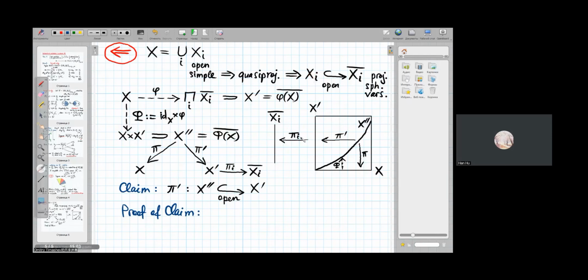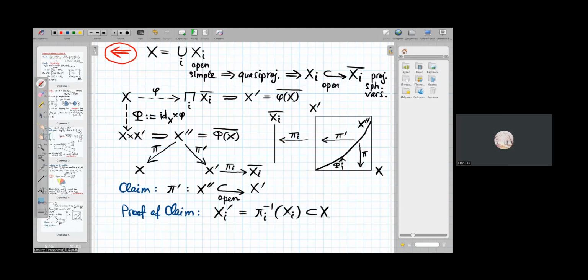And we can consider the inverse image of this open subset under this projection map. So let's denote these subsets by xi prime. Xi prime are the inverse images under pi i of the open subsets xi.